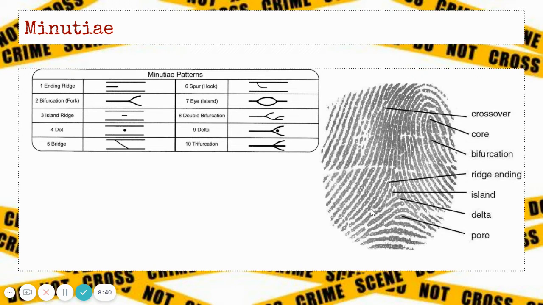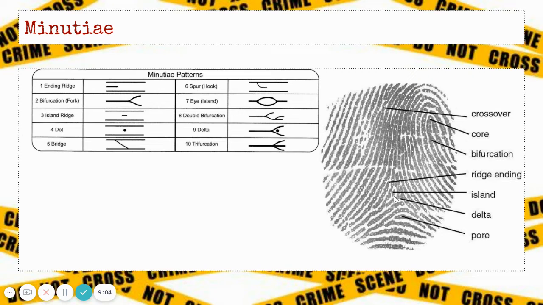You can see how this ridge is going along and then suddenly stops. That would be a ridge ending or an ending ridge. There are also things called bifurcations. A bifurcation is like a fork. It's where one ridge splits into 2. So you can see here is a bifurcation. We have one ridge coming down and then it splits into 2 separate ridges. So we call that a bifurcation.